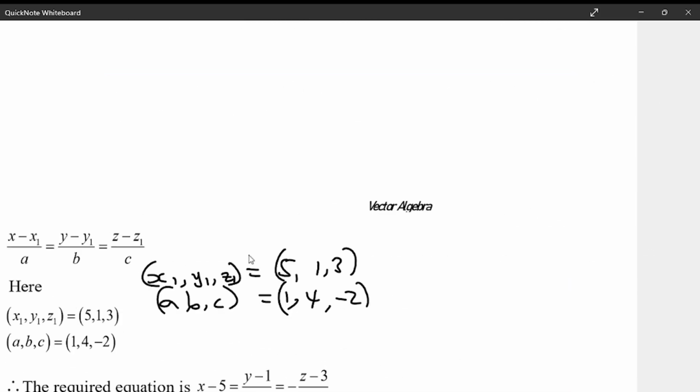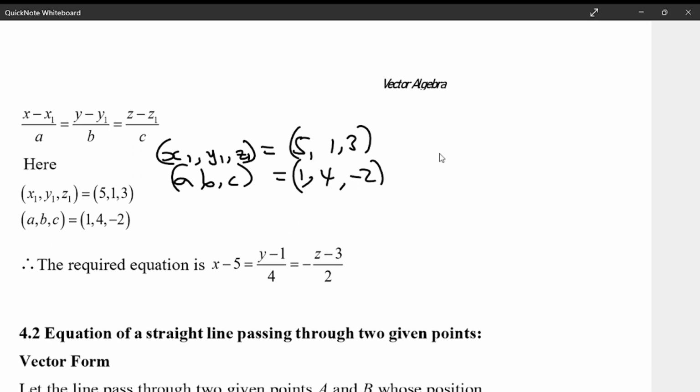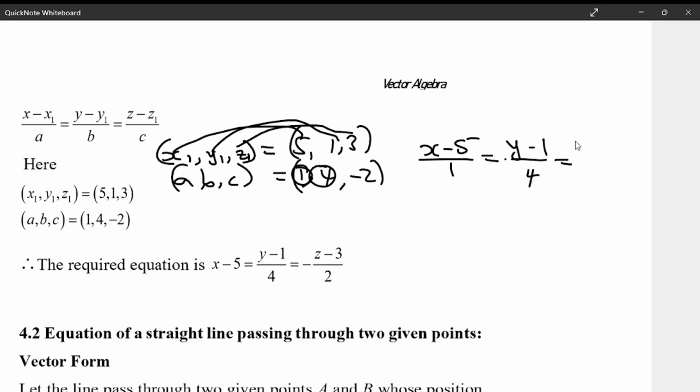So by substitution, we are going to have (x - x1)/a, where x1 is 5 and a is 1, equal to (y - y1)/b, where y1 is 1 and b is 4, equal to (z - z1)/c, where z1 is 3 and c is -2.